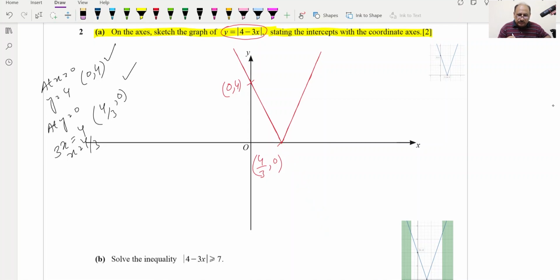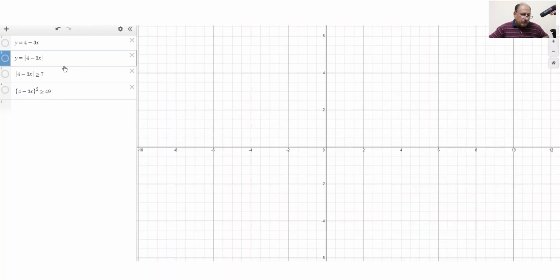So this will be the sketch of the graph which we have done. The coordinates of the x-intercept and y-intercept you will have to provide. The same thing we can check on software also. For your practice at home, different software is available on the net, so you can use any of them to confirm your results.